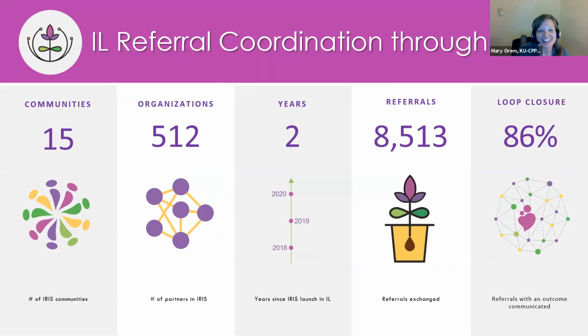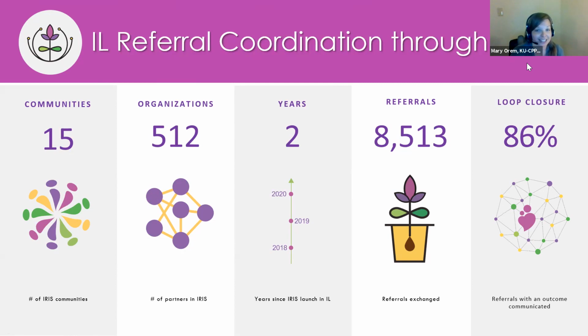Great, thank you. Implementation of IRIS actually started in Illinois a little over 2 years ago. The first community was an All Our Kids network, focused on supporting the needs of families and children ages 0 to 5. As Deborah mentioned, it's also been used in communities with other forms of coordinated intake models.